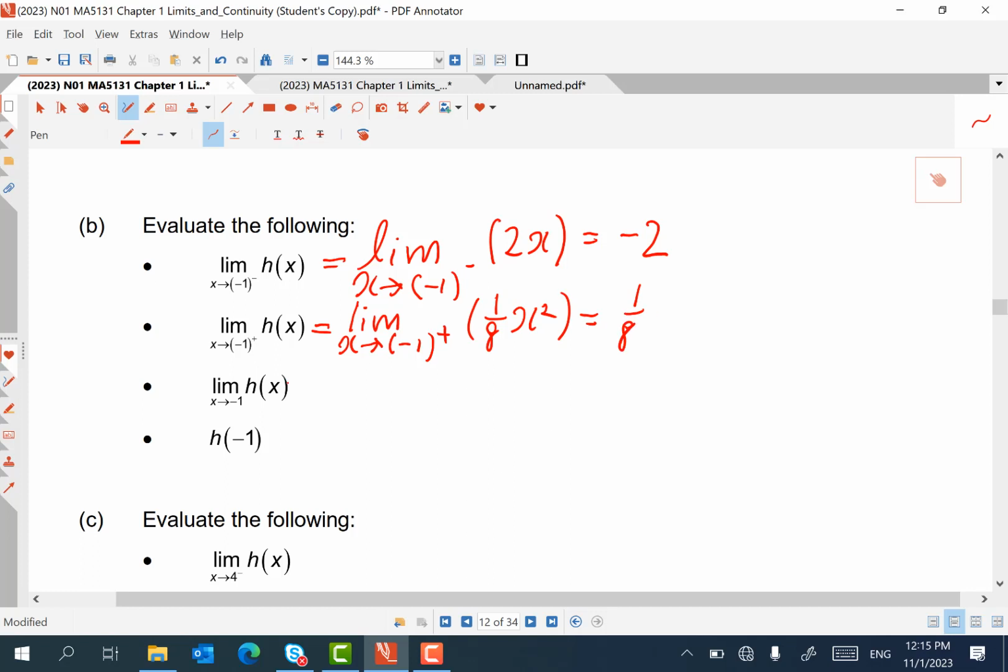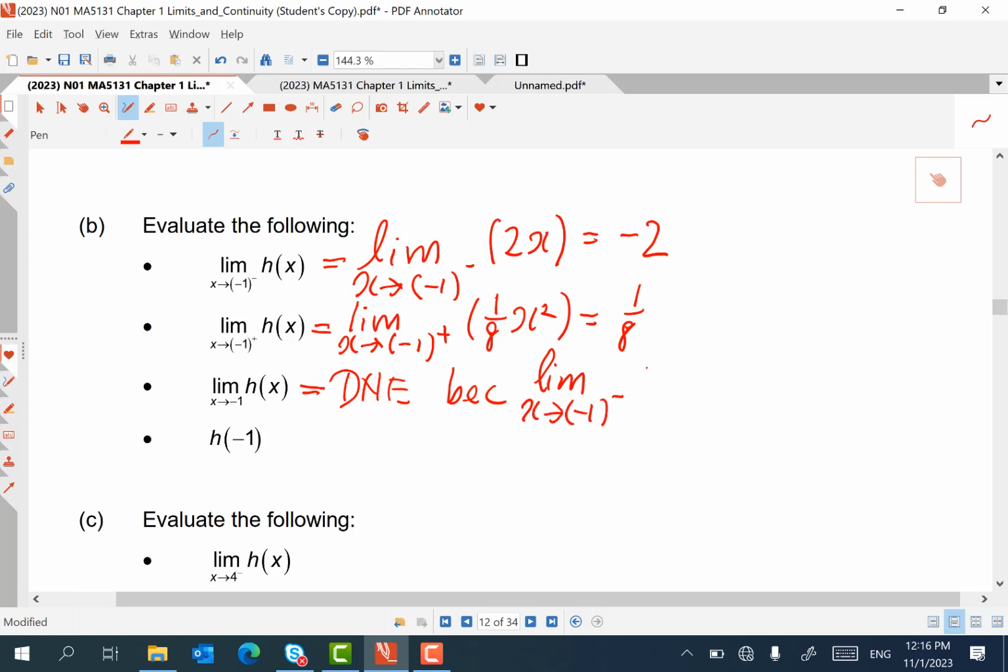And then you ask for the limit at x equals -1. What is your answer? Let's hear from the boy behind with the blue sweater. Does not exist. Why does not exist? Does not exist because the left limit is not equal to the right limit.